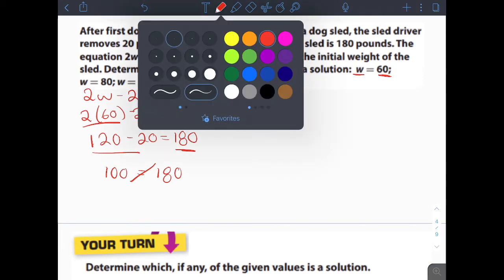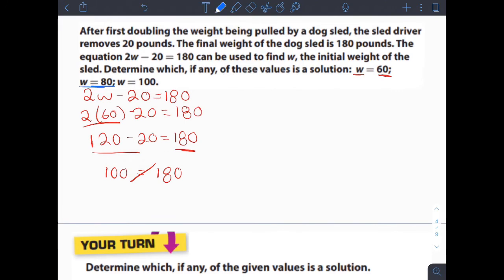So now you go with your next value. All we're doing is getting the value, substituting our W with the value, and then working the equation. So start again with your original equation. 2 times W minus 20 equals 180. Substitute your W for your value, which in this case is 80.